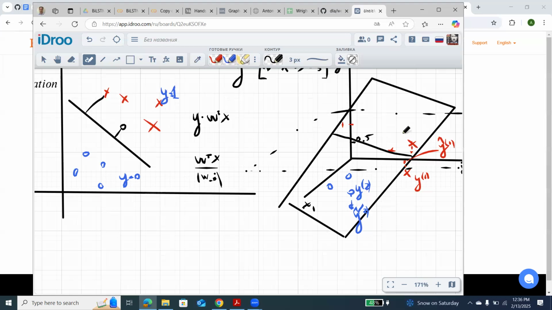Before we move into 2D, I want to give you the intuition why we can work in 3D or in 2D and it's equivalent.